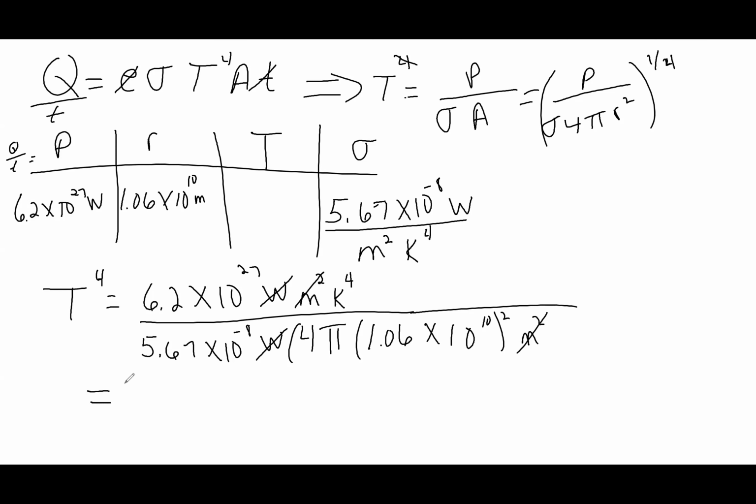Okay, so let's do the work. In your calculators, you have 6.2 divide 5.67, divide 4, divide pi, divide 1.06 squared. So let's do that part first, very carefully. Do that math very carefully and see what you get.